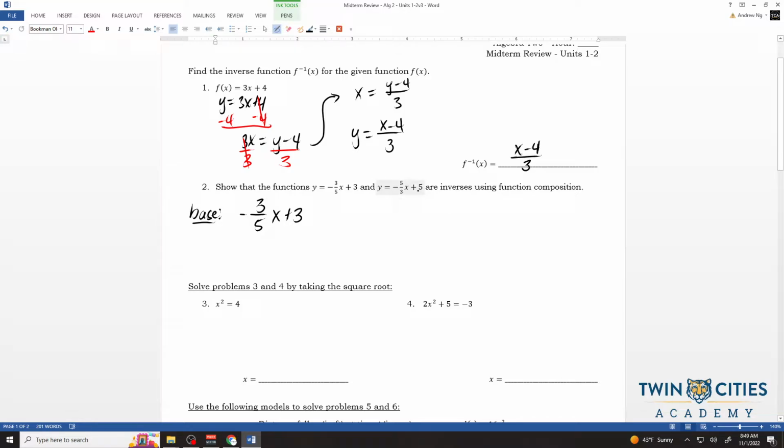So I'm just going to take this, I'm going to plug it in for x. So this will be negative 3 over 5, and then instead of x here, I'm going to plug in this entire thing, negative 5 over 3 x plus 5, and then I still have a plus 3 at the end.